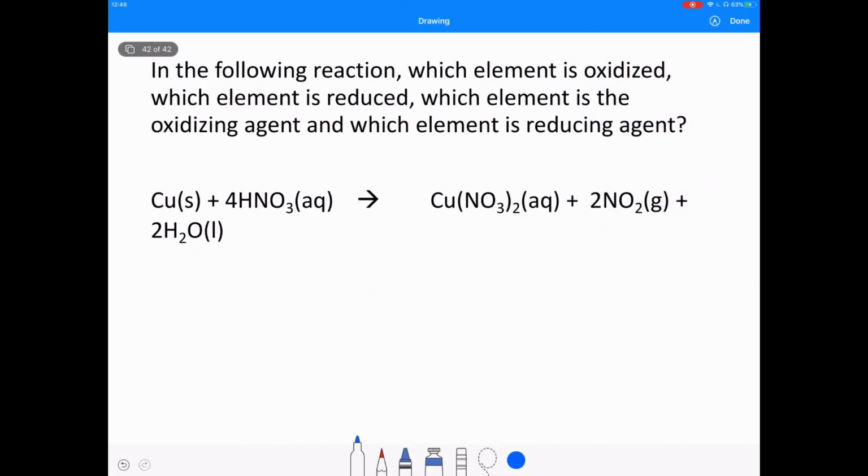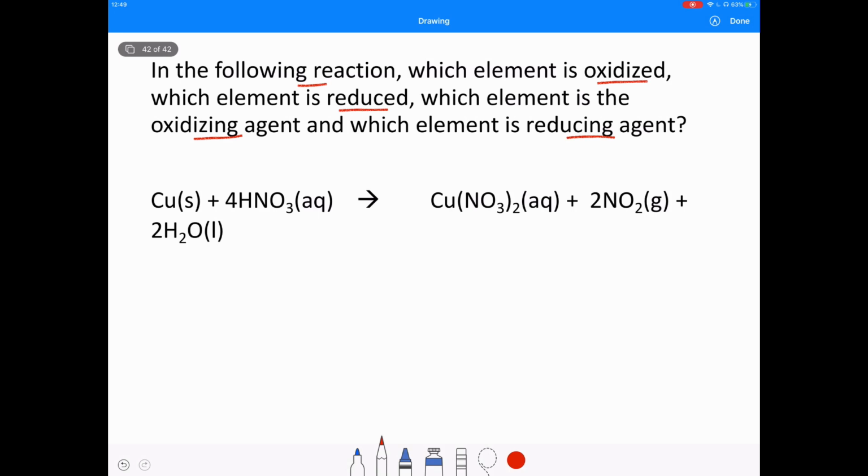Here's the next question, and I just put it on a different slide, question number 2. So we are asked, in the following reaction, which element is oxidized, which element is reduced? What is the oxidizing agent and what is the reducing agent?